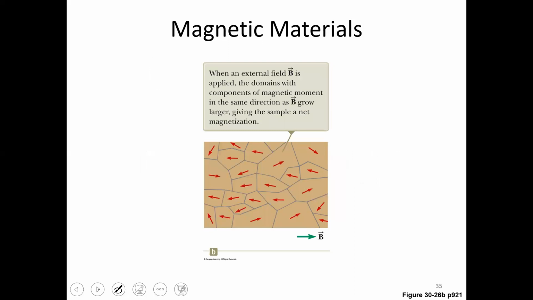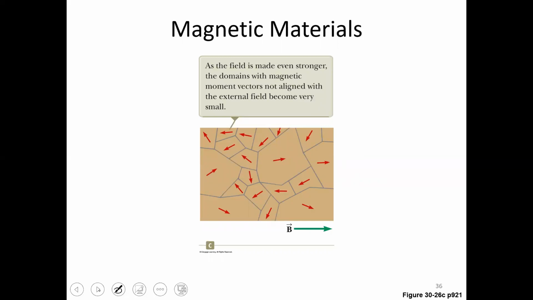Now, when you apply an external field B, you more or less influence those atomic dipole moments to align in the direction of that B, right? So it's like a current loop and the torque on a current loop in an external field. The torque on these magnetic dipoles, because of that external field, causes them to start aligning. Now, when you have a ferromagnetic material, these can begin to align and then stay aligned even after you take away the external field.